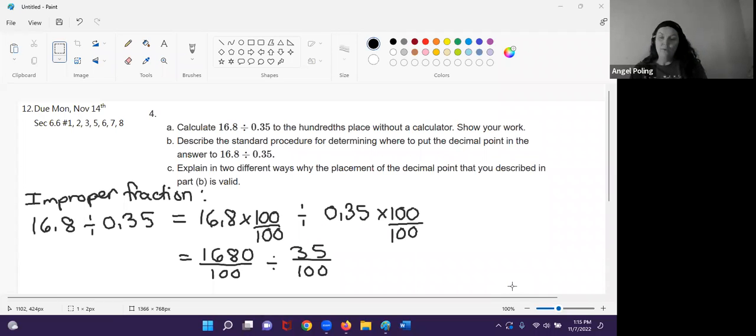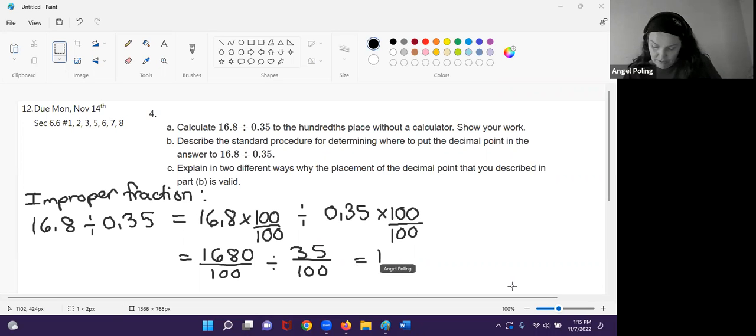So some algorithms have you say, once the denominators are the same, once the size of the pieces are the same, you just care about the number of pieces. And so we could just divide 1,680 by 35.